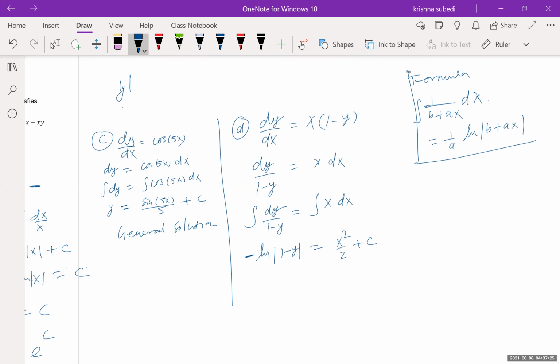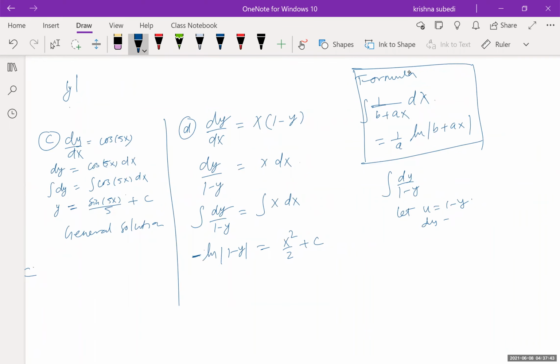This is the formula that we talked about before, and you may want to use it to save time. Otherwise, to evaluate the integration, you can also use the substitution rule, okay? Let us suppose that u equals 1 minus y, and then your du will be negative dy, and then you can substitute the value. You can find it out yourself. I trust you guys, you will be able to do it. And somebody already got the answer in the chat box. Thank you so much.